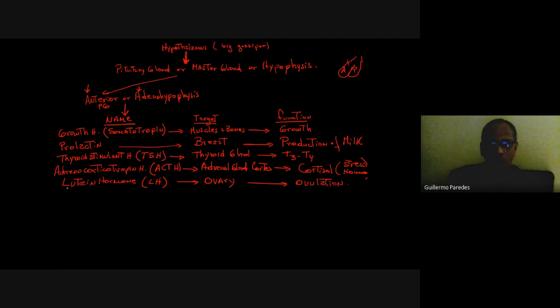The last hormone is going to be the follicle stimulating hormone, that is going to be called the FSH by short. FSH. Who is the target organ? The ovary. And what does it do in the ovary? Production of estrogens.